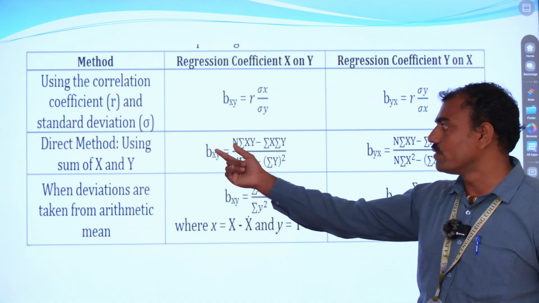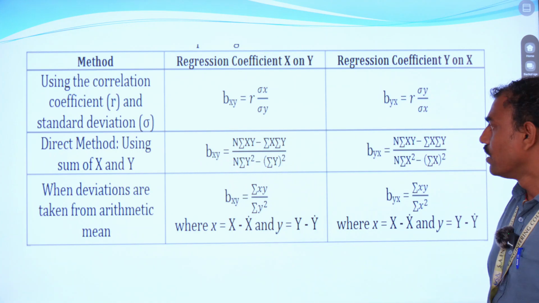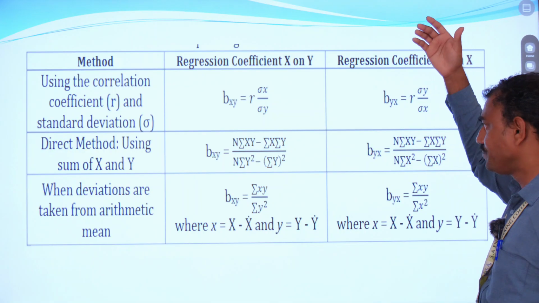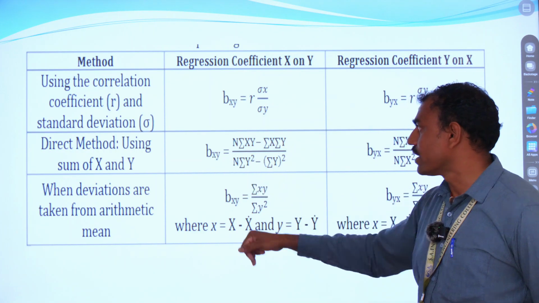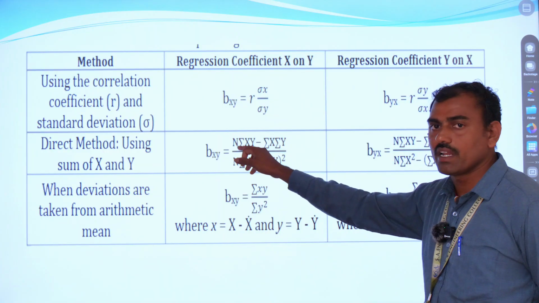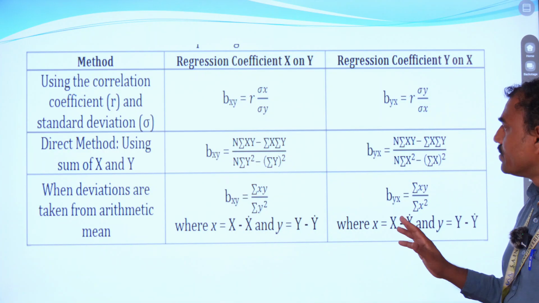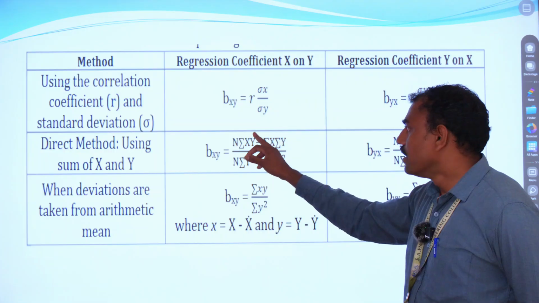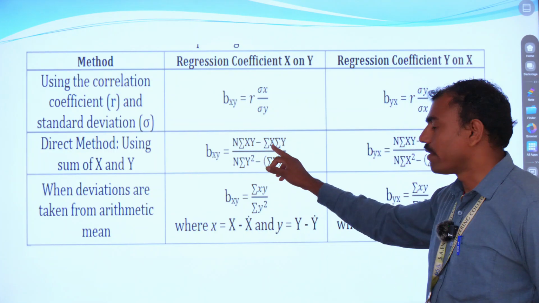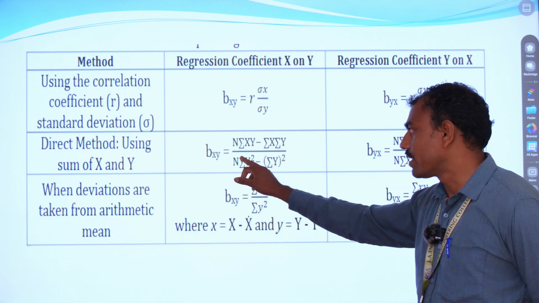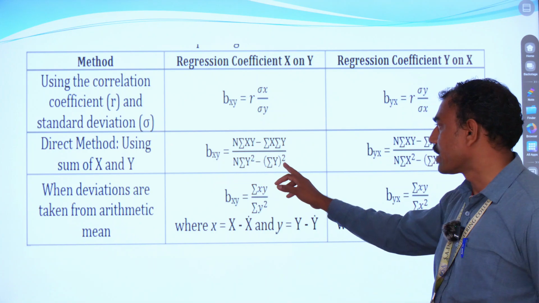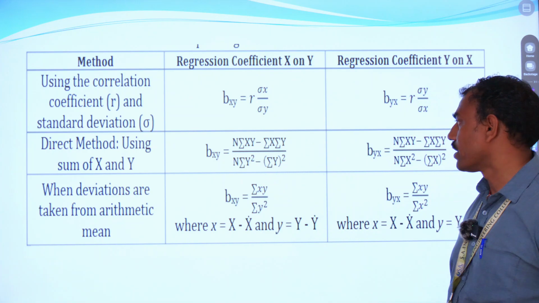The second is the direct method using the sum of x and y. So for the given values we add the x and y values. Capital N is the number of observations. So bxy equal to capital N summation of xy minus summation of x into summation of y divided by capital N summation y squared minus summation y the whole square.